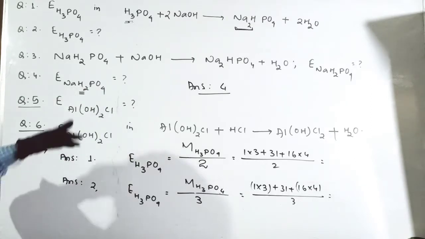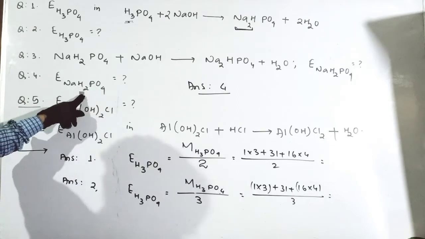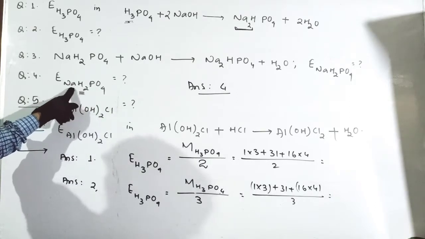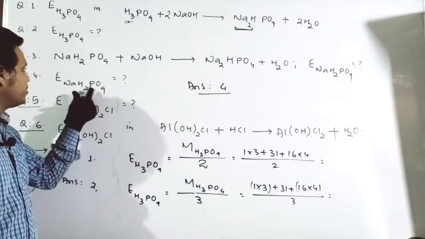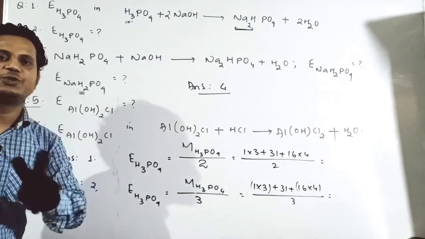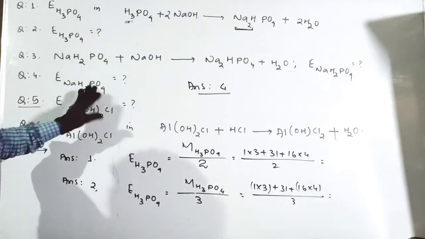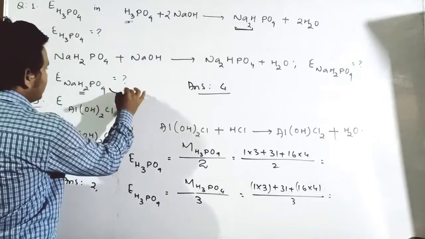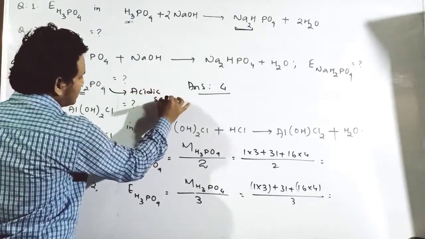It was originally H3PO4. Out of H3PO4, 1 H is replaced, 2 H are there. Means in this compound 2 replaceable hydrogen atoms are still present. So it is an acidic salt.